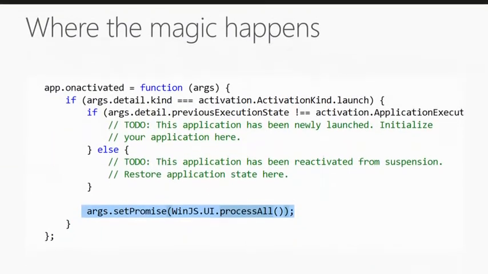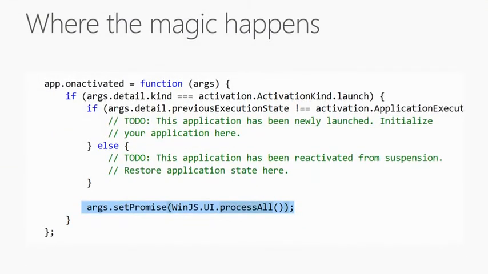It's black magic. How does this work? How does it create those things? Well, it creates them rather simply. In the app.onActivated routine, there's this line here called args.setPromise. That's not important. What is important is WinJS.UI.processAll. And that crawls through all of the HTML in your application, and it finds all of those data attributes on those divs, and it creates the control.